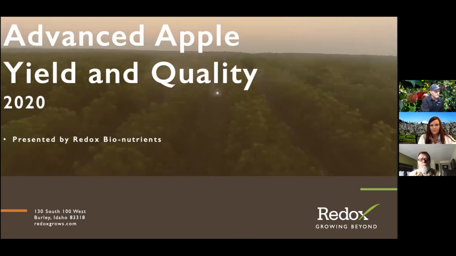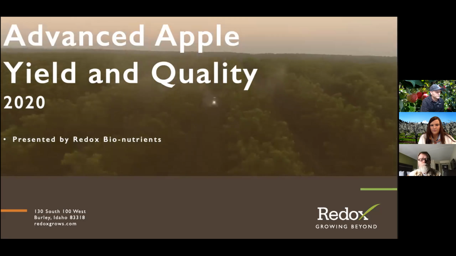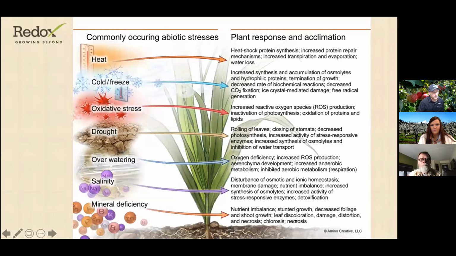To start with, this is just a depiction of a range of abiotic stressors that plants are subjected to. Plants or crops are genetically capable, we know, of responding to these stressors. Examples of these are, as you can see, heat stress.